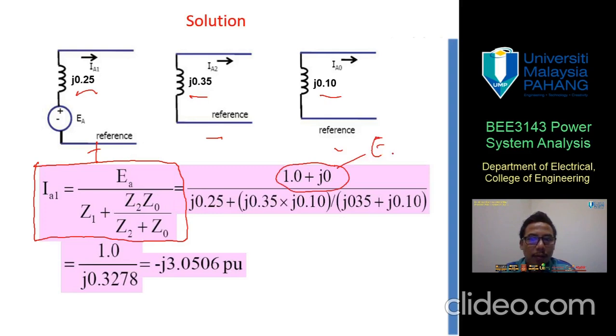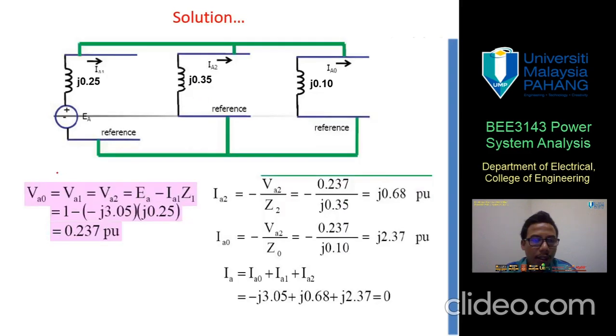Then we put in Z1 0.25, Z2 0.35, and Z0 0.1. Finally we get IA1 equal to minus j3.0506 per unit.